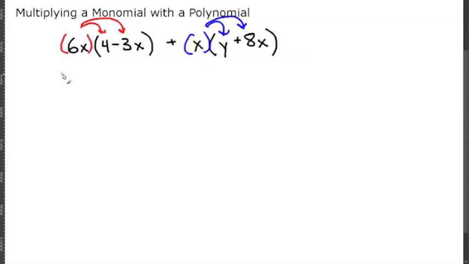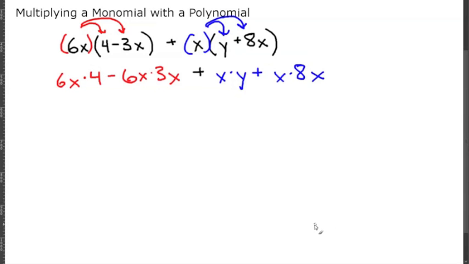So we're going to do 6x times 4 minus 6x times 3x plus x times y plus x times 8x.